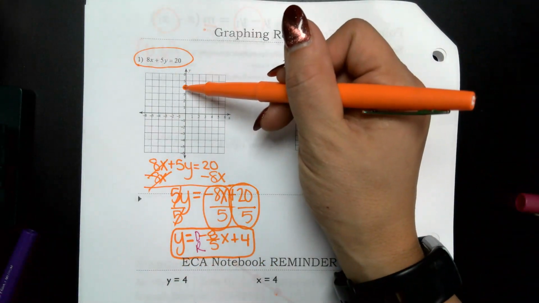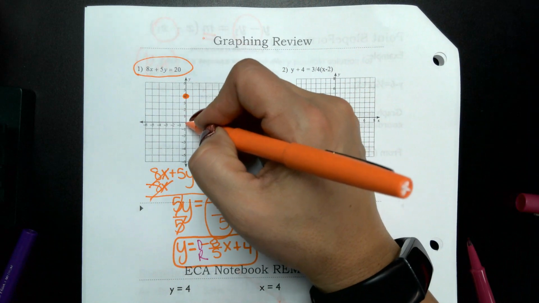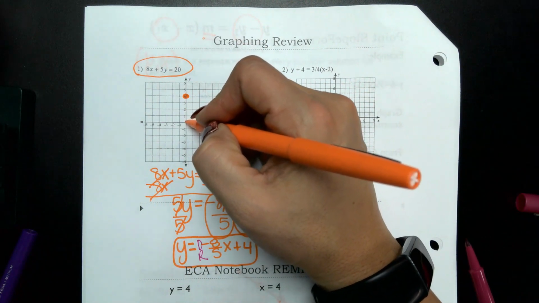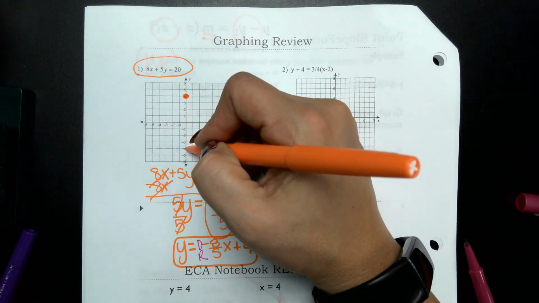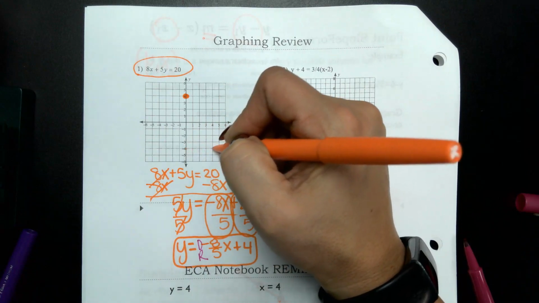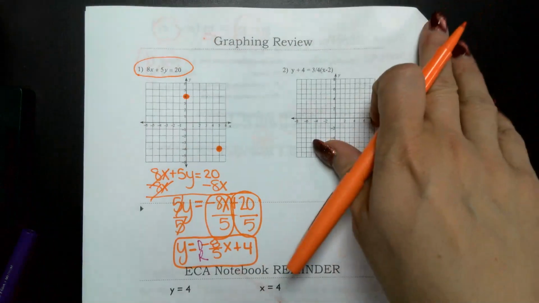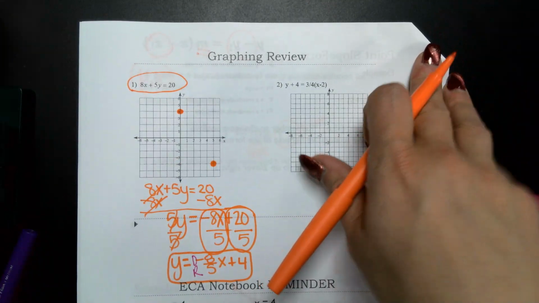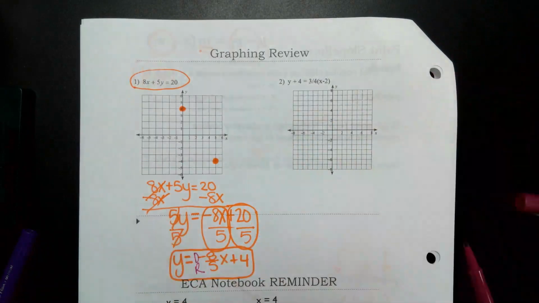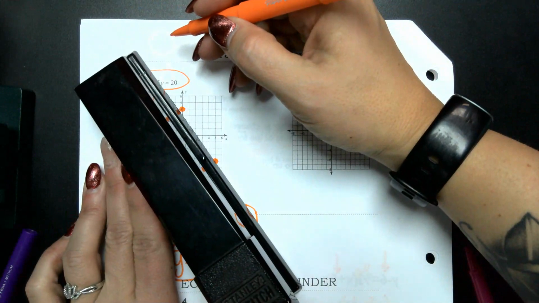We need to start at this 4 and we need to count down 8. 1, 2, 3, 4 gets me to 0. 1, 2, 3, 4. There's a total of 8. And then go right 5. 1, 2, 3, 4, 5. Make sure that's where you guys landed. And then, is anything else going to fit? No. Go ahead and connect them with your ruler.